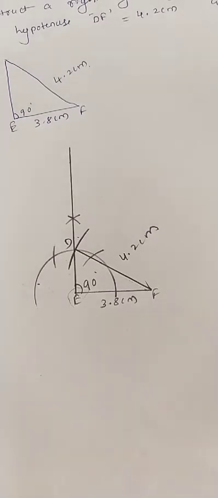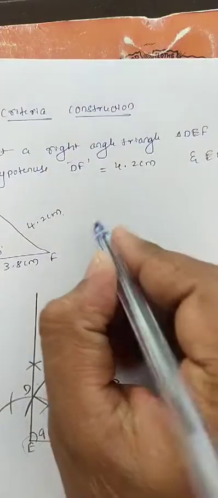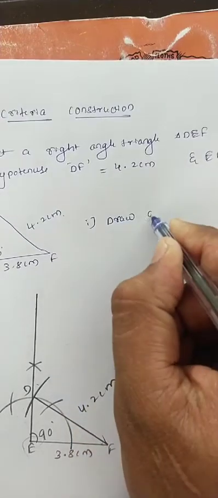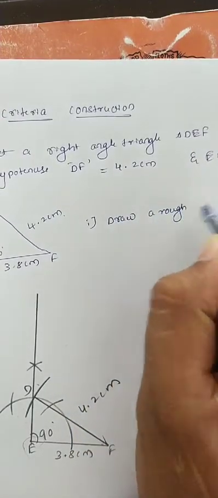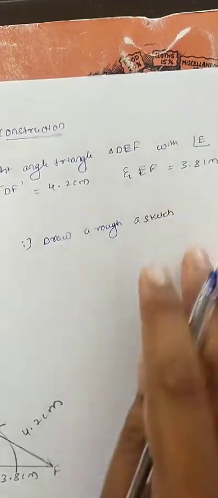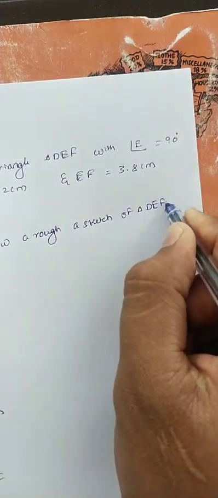Now your next aim is to write the steps of construction. So steps of construction, your first point is to draw a rough sketch of triangle DEF.